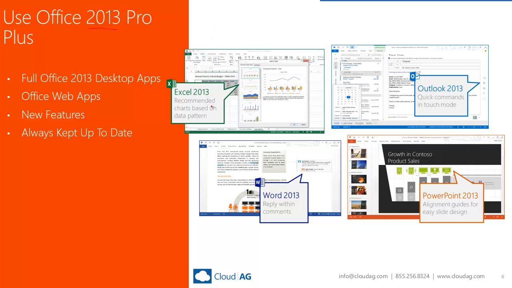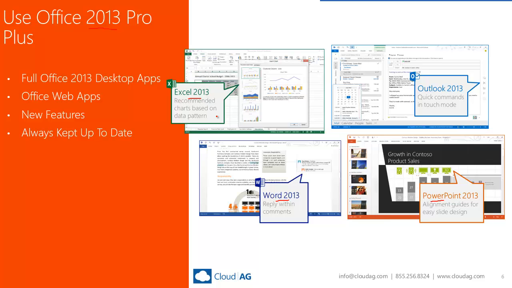There's some great new features in all of the applications, whether you're looking at Word or Excel or PowerPoint, that 2013 can bring to the table. You can certainly work with documents that have been saved in previous formats. You can also save directly back to those formats if you need to. So there should be no concern about being compatible with anybody, either within the business or outside the business.